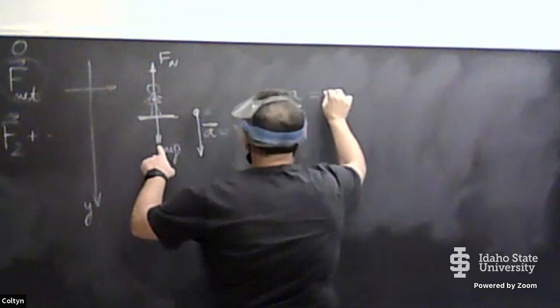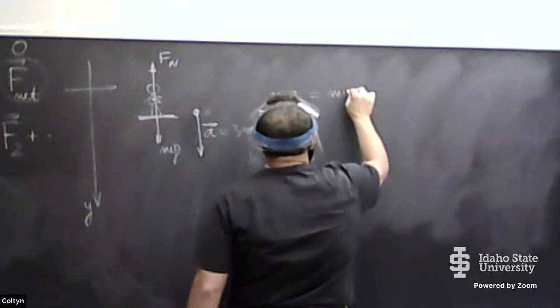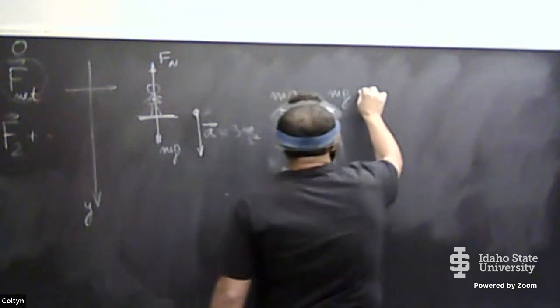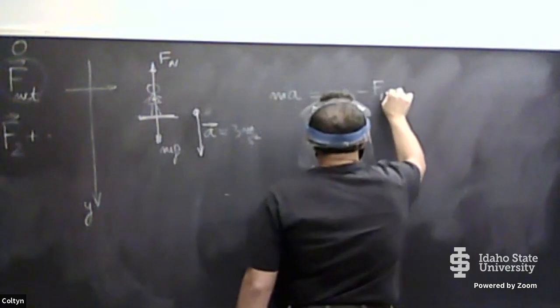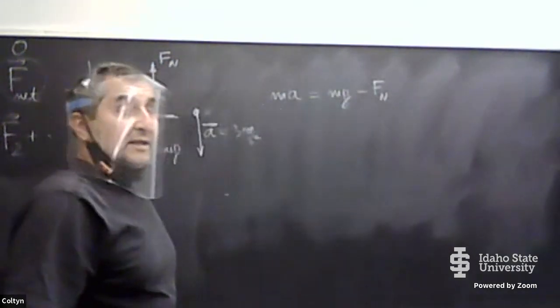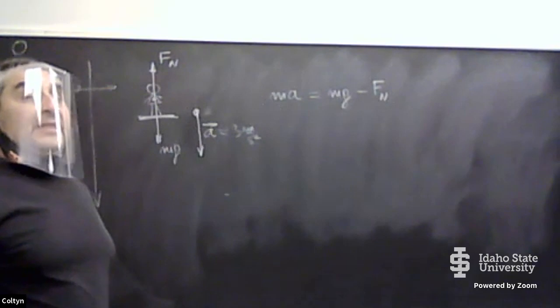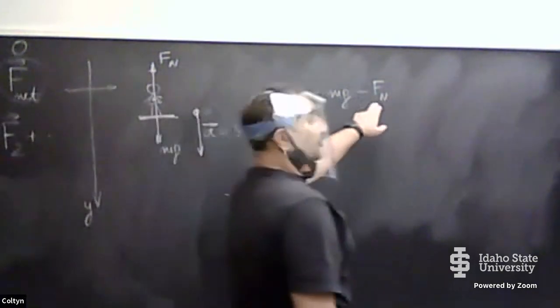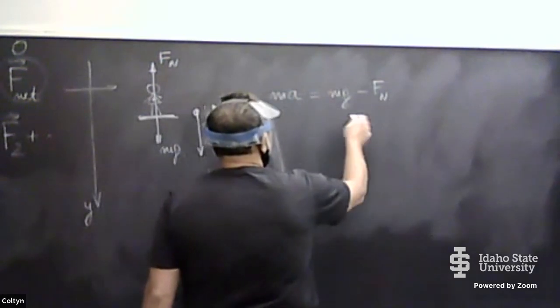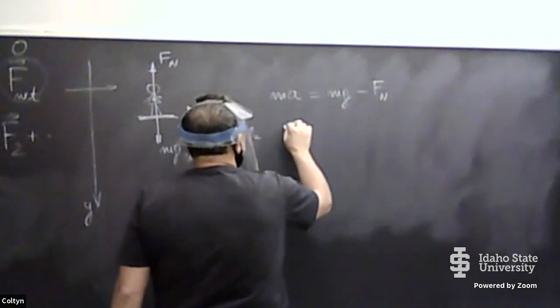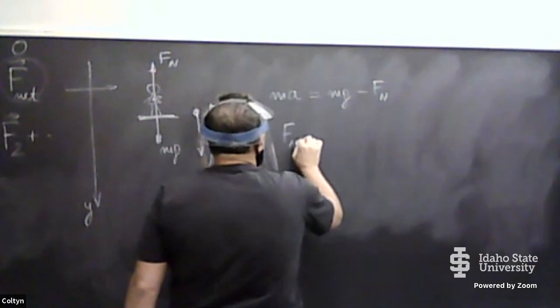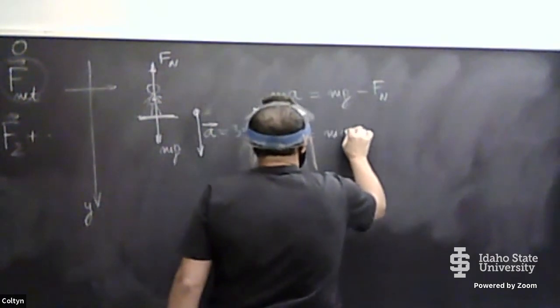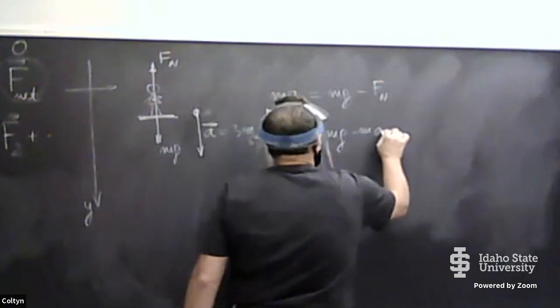In this case, the net force is going to be mg in the positive direction and the normal force in the negative direction. The weight that you feel, your apparent weight, is going to be the normal force. Let's solve this equation for the normal force. You're going to get the normal force is equal to mg minus ma.